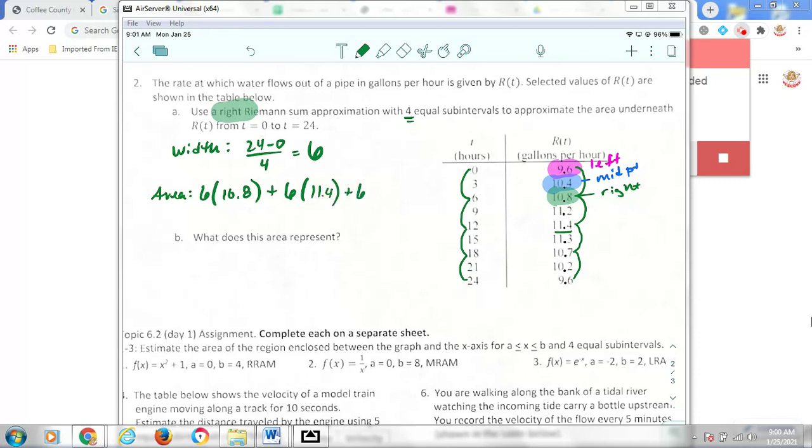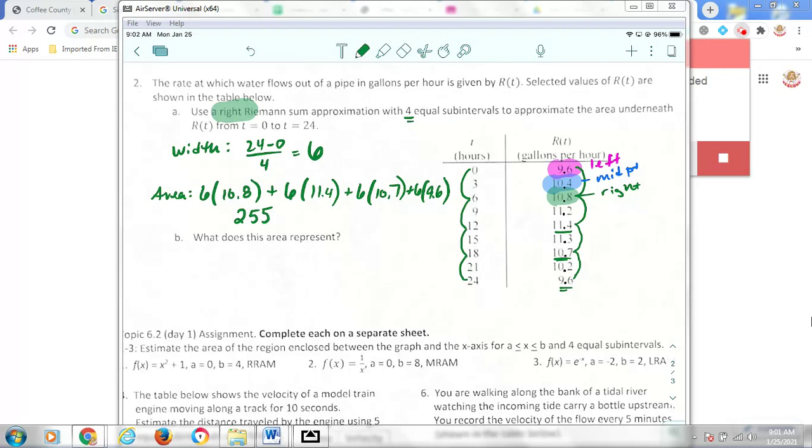The next rectangle, width is 6. The right is 10.7. And then the last rectangle, the width is 6. The right is 9.6. Then you can use your calculator to add all that up. It should be 255.